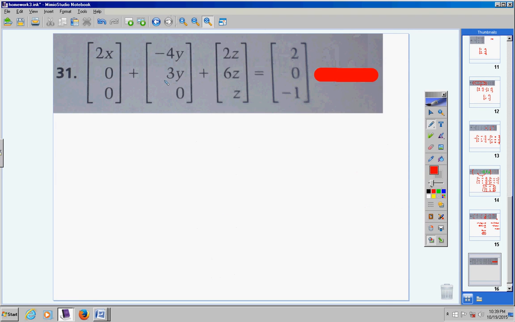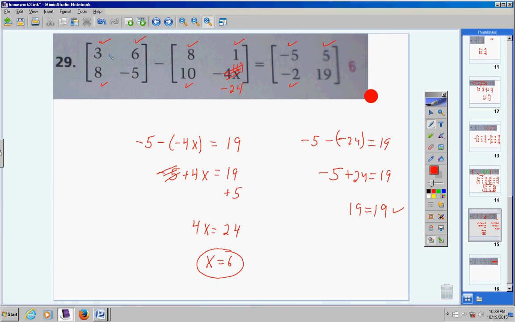Alright, number 31. Now this looks really complicated, but guys, I just showed you in the last problem. Just think about it. 3 minus 8 equals negative 5.